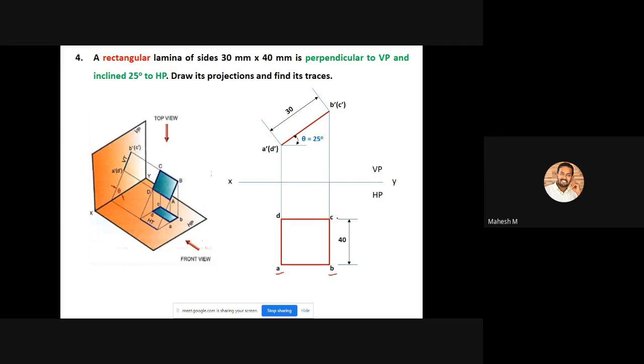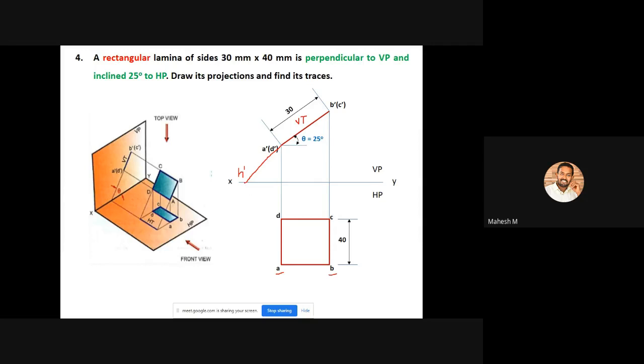Since it is perpendicular to VP, you can directly write VT here. The front view is our vertical trace. Next you have to project this inclined line towards the reference line. So you'll be getting a point. You can mark this point as H dash.